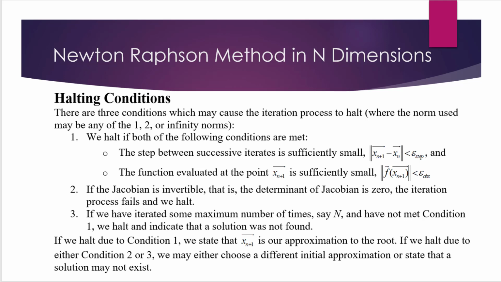And condition B is that the function evaluated at this point, xn plus 1, is sufficiently small, which means the norm of f of xn plus 1 is less than a constant, epsilon abs. So the only difference between this halting condition and the one we used for Newton-Raphson method for scalar valued function is that the absolute value is changed to norm, and this norm can be 1 norm, 2 norm, or infinity norm.